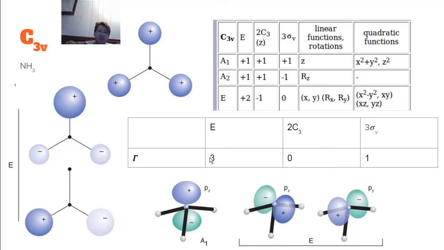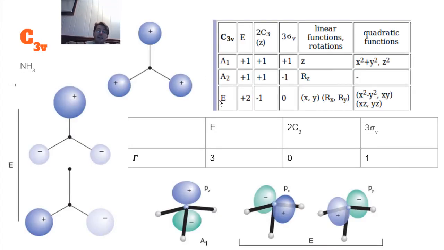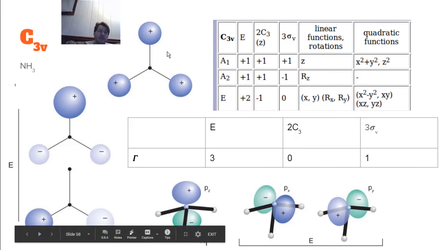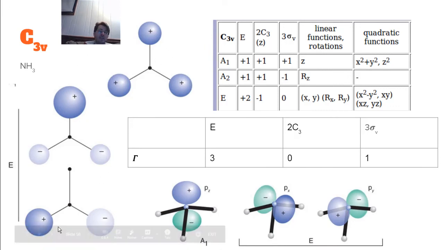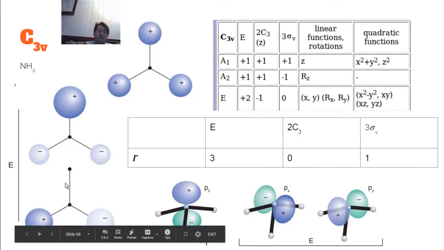And from that representation, we can reduce it down to irreducible representations, and we see that those irreducible representations would be an E combination, which is doubly degenerate, and then an A1. All right, so we could think of the group of hydrogens as having 3 distinct forms.